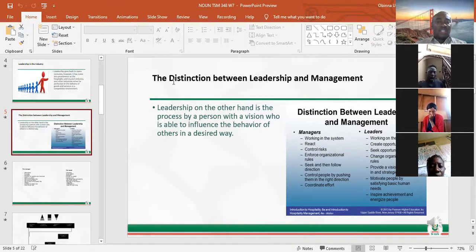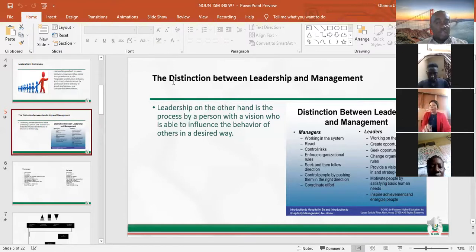Managers work in the system, they react, they control risk, they enforce the organizational rules, speak and then follow direction, control people by pushing them in the right direction, coordinate effort.